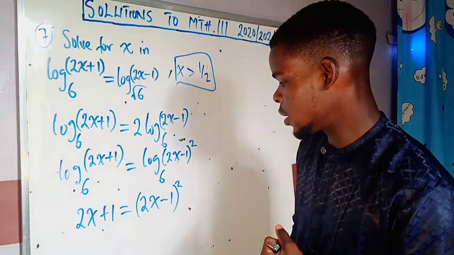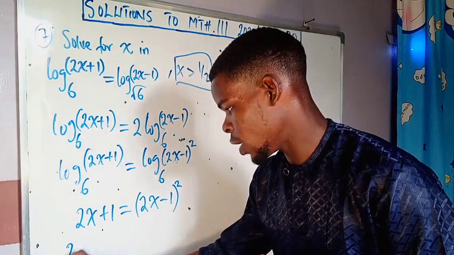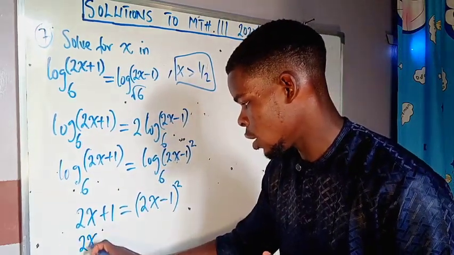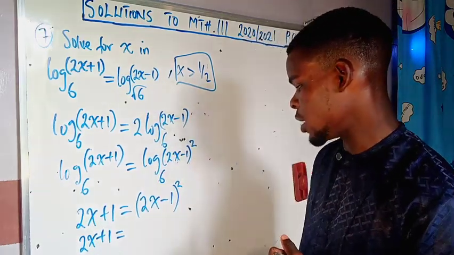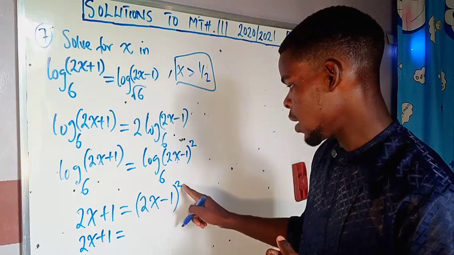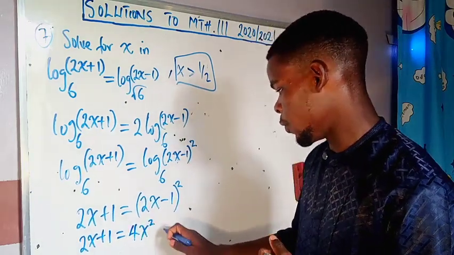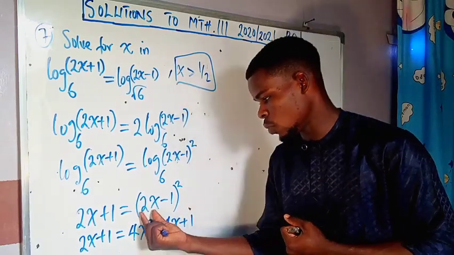Okay, great. Now let's see, we are going to expand this right hand side. Let me put down 2x plus 1, and let's equate that to, when we expand this using the binomial expansion, 4x squared minus 4x plus 1. So you notice this is 2x minus 1 squared.